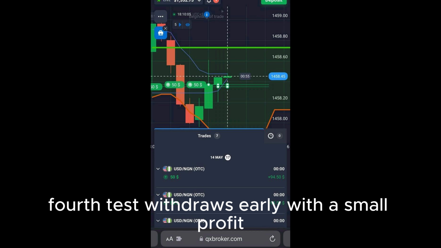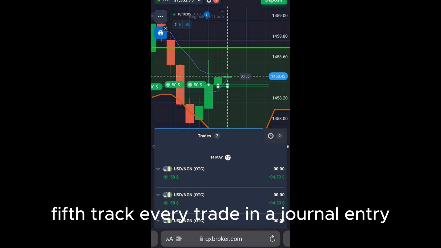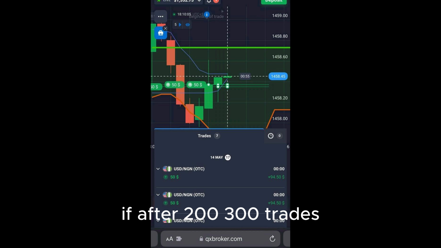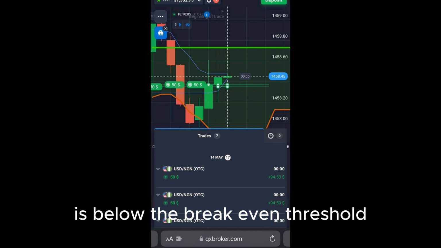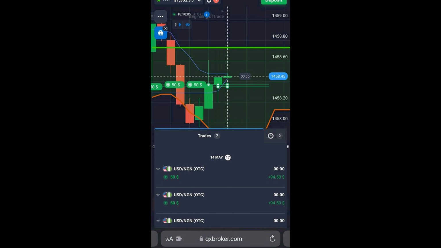Fourth, test withdrawals early with a small profit to confirm the pipeline works. Fifth, track every trade in a journal: entry time, payout, result, screenshot, and reason. If after 200–300 trades your win rate net of frictions is below the break-even threshold for your average payout, the data is telling you to stop.